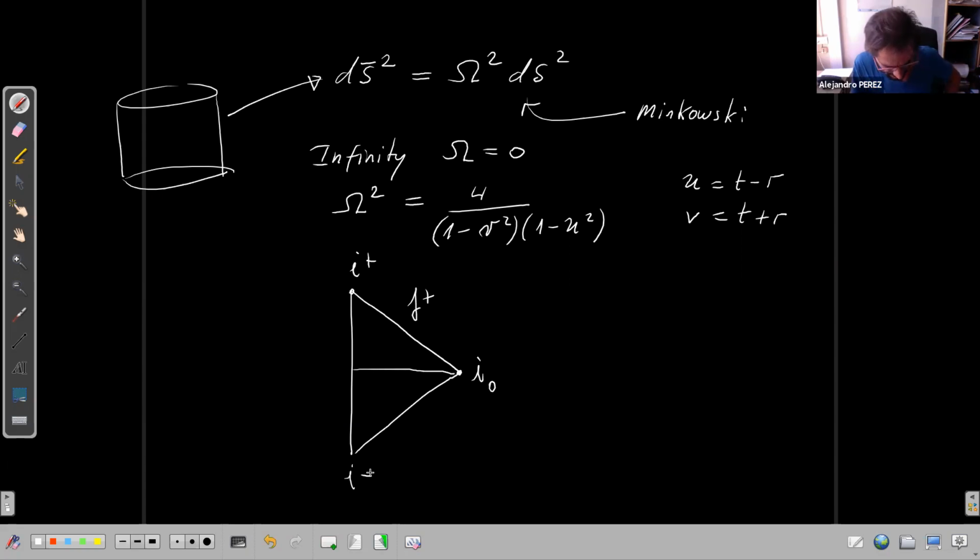I just wanted to give an example of the use of this. One of the uses is to actually have these diagrams, which are very useful if we want to talk about black holes. The definition of a black hole will use this compactification, and I will discuss this in a moment more precisely.